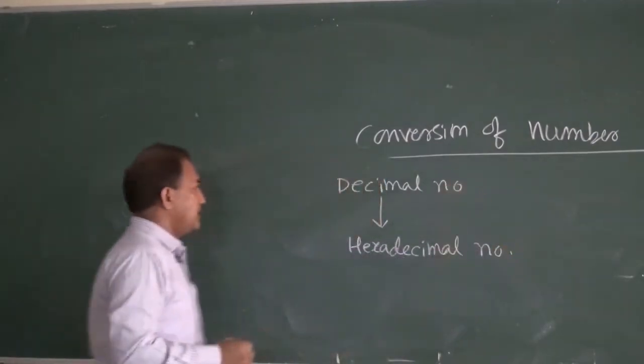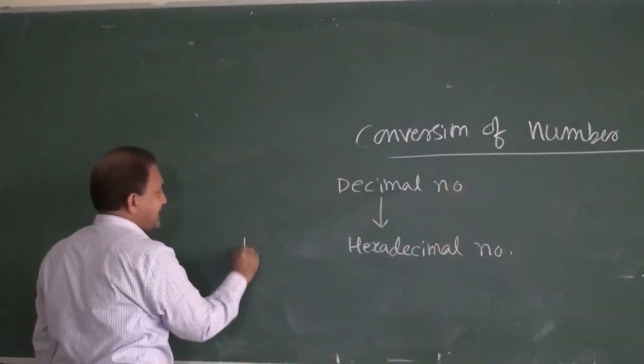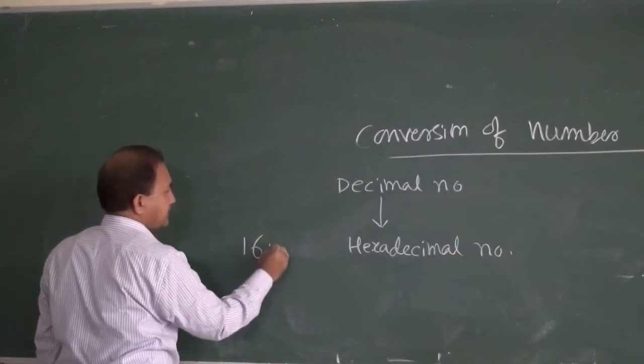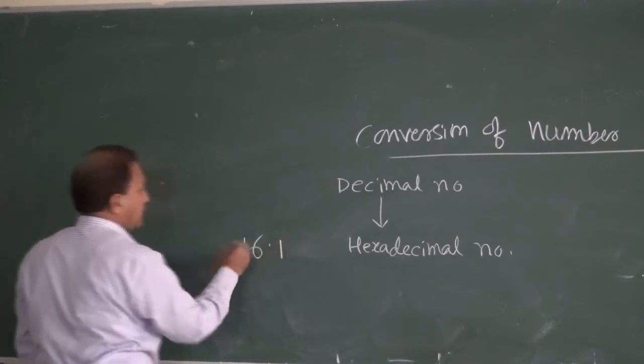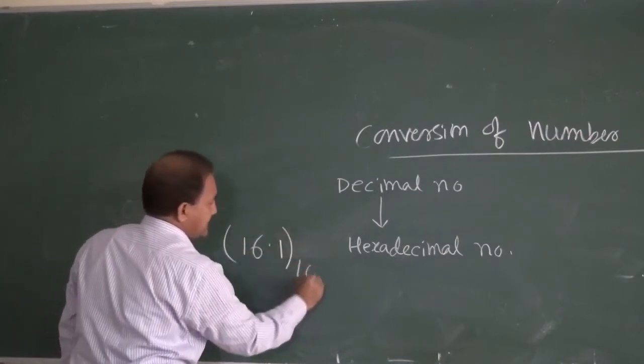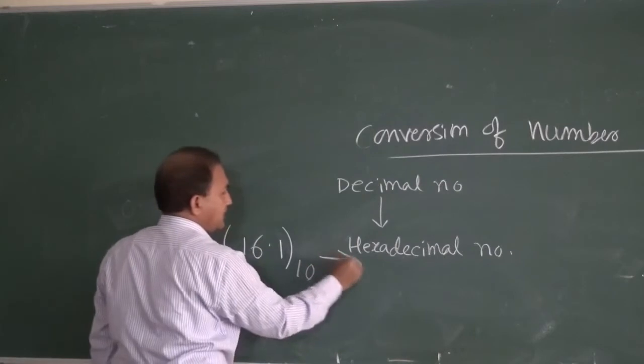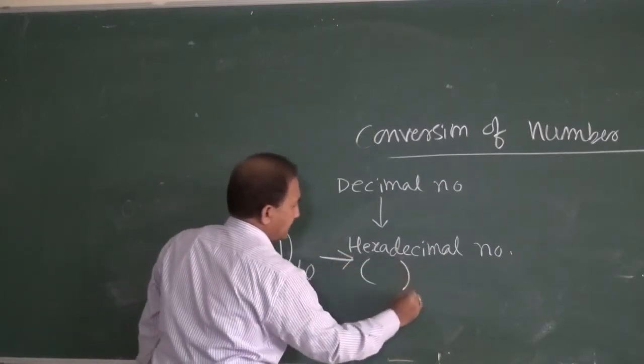Hexadecimal number. Suppose the number is 16.1, which is in decimal. You want to convert this to a hexadecimal number.